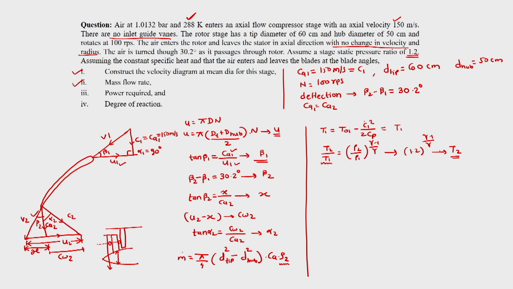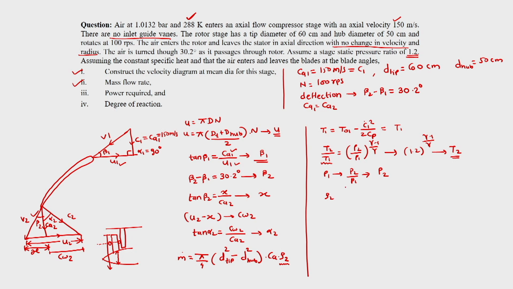Knowing P1 and the pressure ratio, we can find out P2. Okay, P2 is also known to us. Now having said this, we can make use of P2 equal to rho 2 R T2.